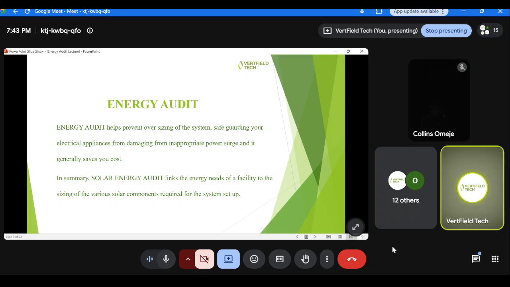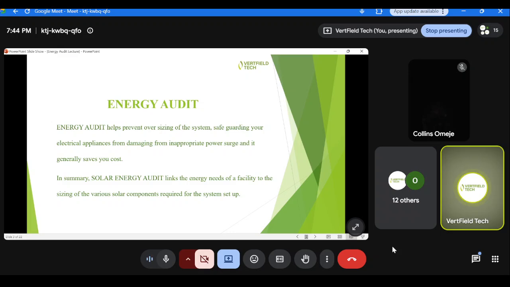Three, he wants to have convenience of power supply. So when you put all of these things together, you should always do a proper system design. And again, whenever we talk about energy audit, it's all about system designs.